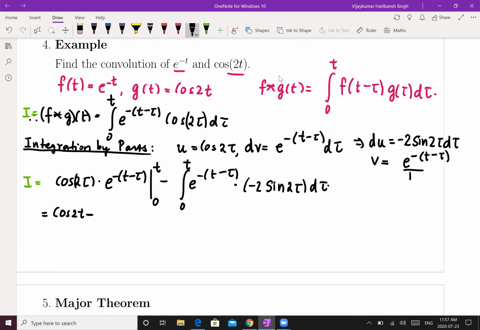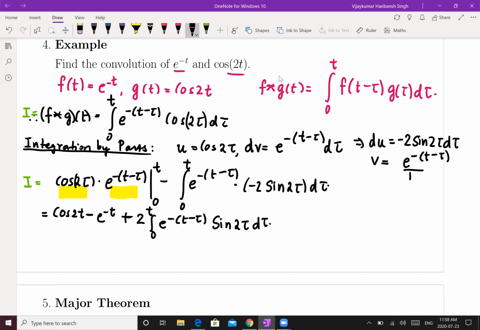And when you put 0, we get cos 0, which is 1, and e to the power minus t. And then for the remaining integral, let's bring plus 2 out. So we have plus 2 times the integral from 0 to t of e to the power minus t minus tau, sine of 2 tau, d tau.